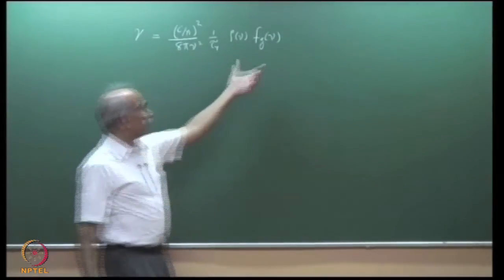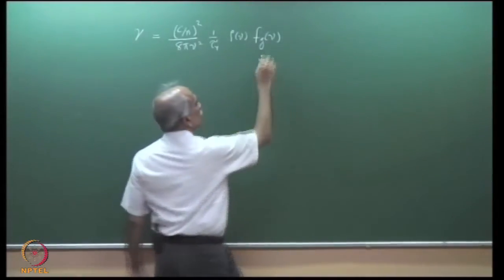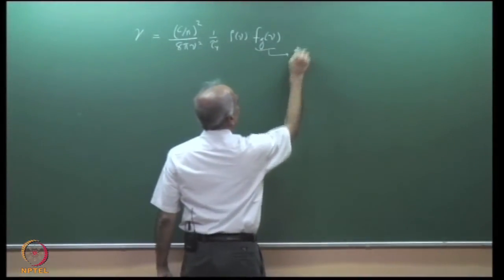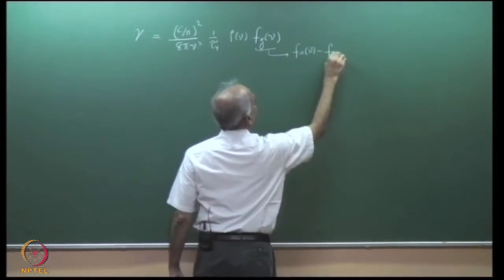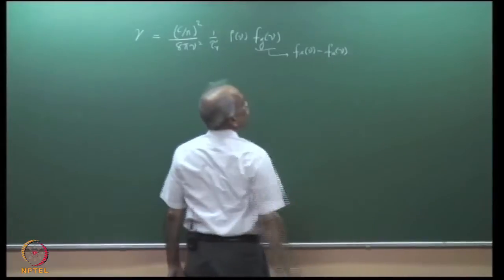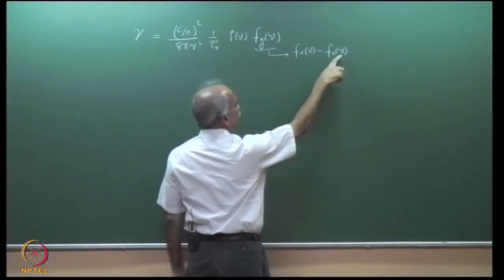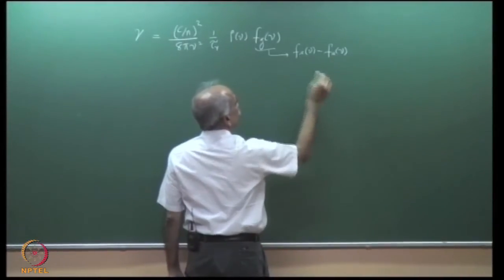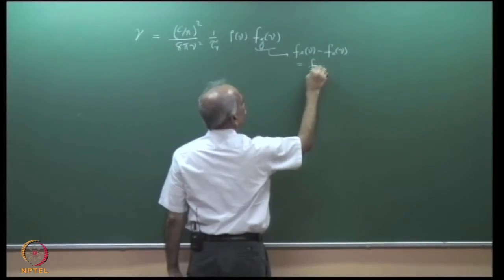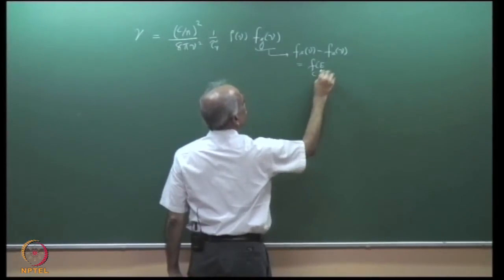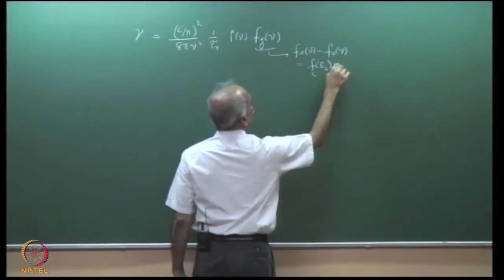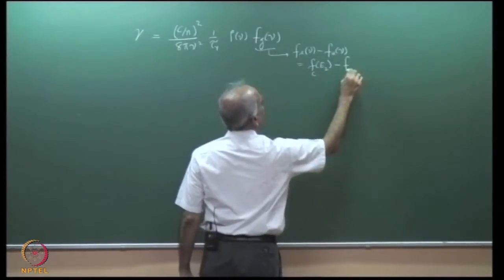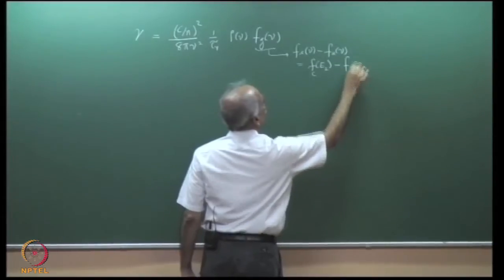This is the Fermi inversion factor, f e of nu minus f a of nu, the probability of emission minus the probability of absorption, which is also equal to f c of E2 minus f v of E1, if it is in quasi equilibrium.